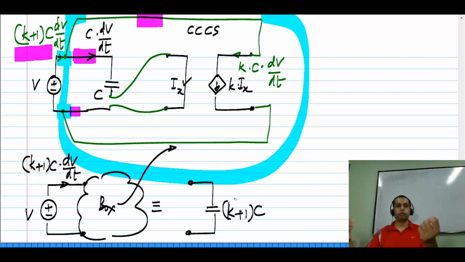So without opening the box you cannot tell what is inside. As far as the terminal characteristics are concerned, it is just a resistor. Similarly, in this particular case, as far as the terminal characteristics are concerned, it is just a capacitor. So now this kind of scaling of element can also be achieved using a voltage controlled voltage source.